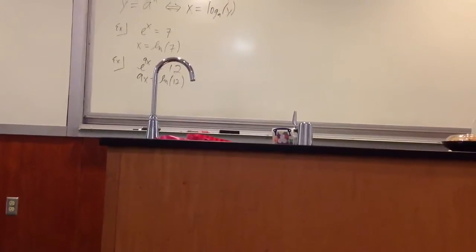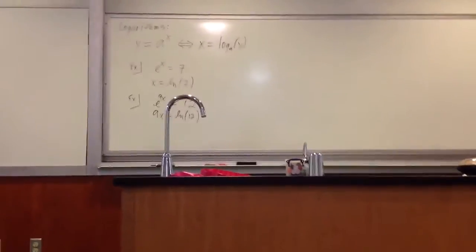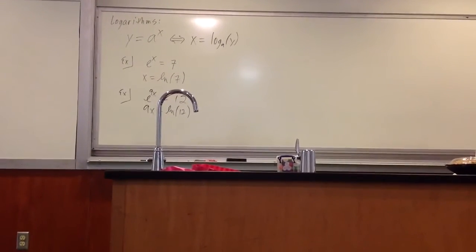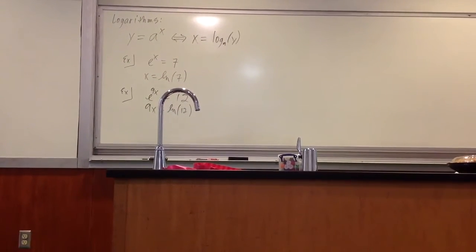I got 9x equals the natural log of 4. You comfortable so far? Now I still need to solve for x. What am I going to do? Divide by 9.